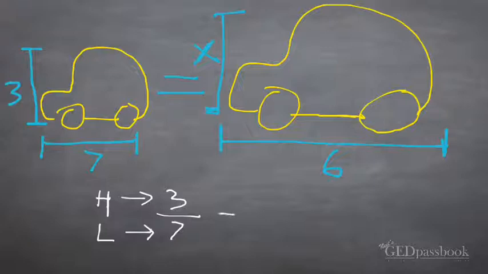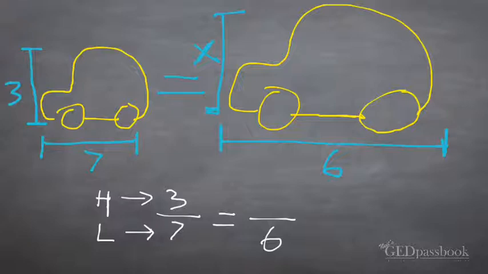So you must set it up like this. 3/7 equals... I should have done that. Where should my 6 go? Where should I put my 6? Where you have it. I jumped the gun.